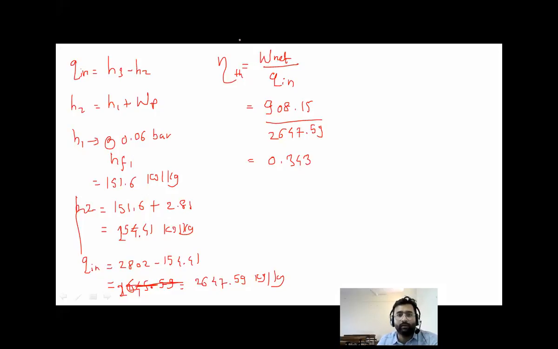Others online, please calculate. We can say this is efficiency 34.3%. So where have you made a mistake? How did you mistake 6 for 4?